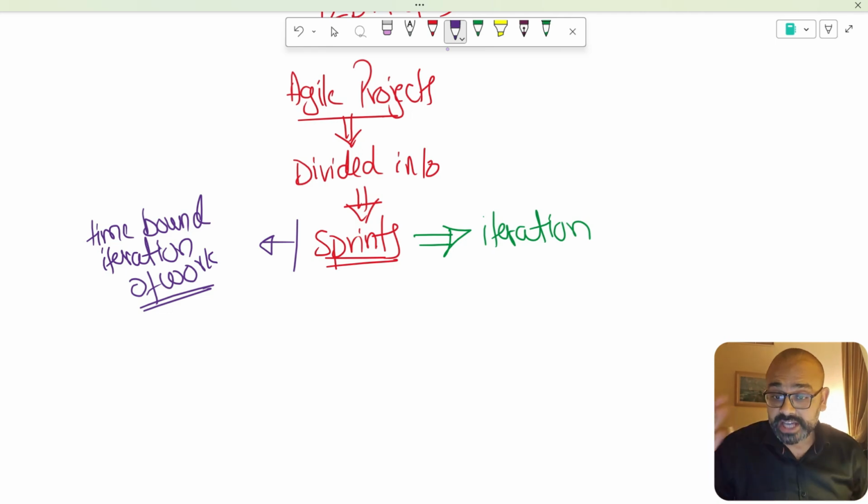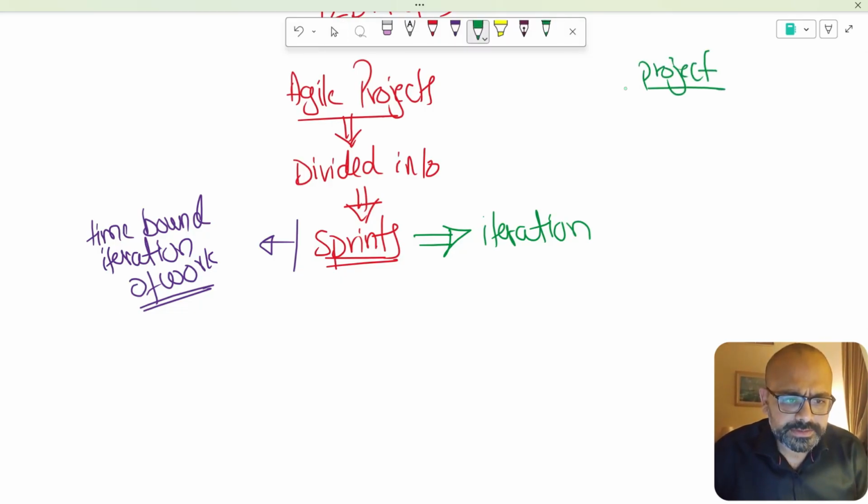So now, agile projects are divided into sprints. Just for an example, if I say that my project is, let us say, 200 days long, I require 200 days for the project.